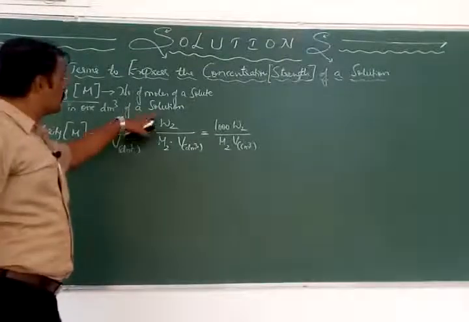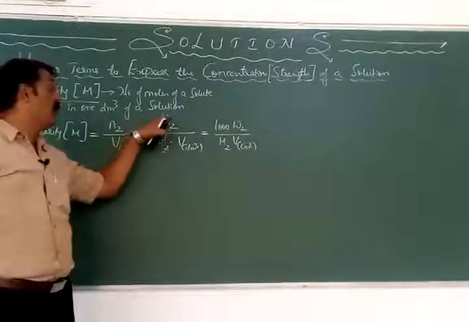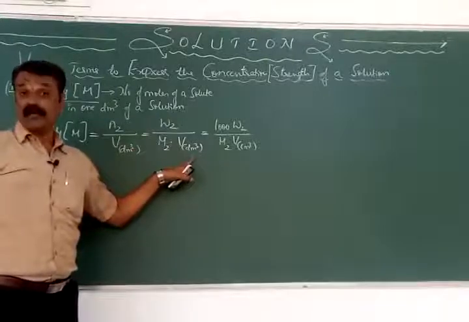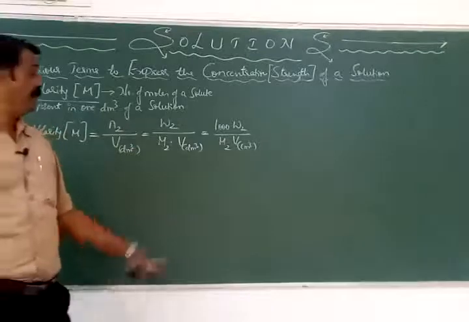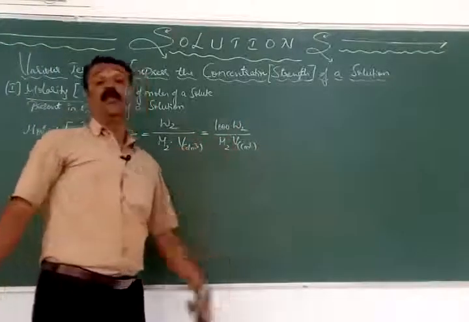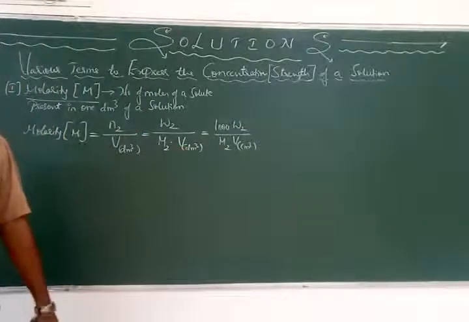Or the number of moles is given by mass divided by molecular mass. Therefore, instead of N2, we write W2 divided by M2 into volume expressed in dm cube. If the volume of that solution is expressed in cm cube or milliliter, then it becomes 1000 W2 divided by M2 into V expressed in centimeter cube, or sometimes milliliter.